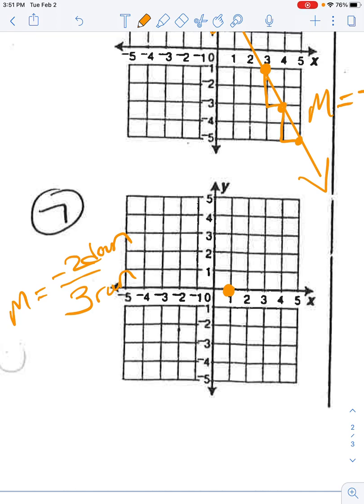Okay, down 2, 1, 2, run 3, 1, 2, 3. And there would be our slope of a negative 2/3.